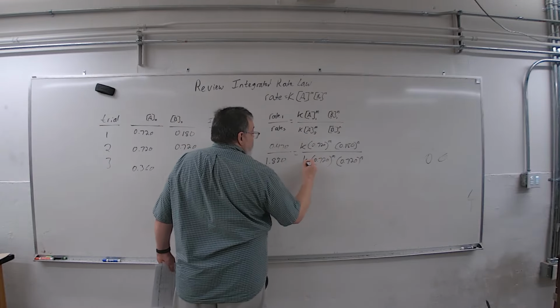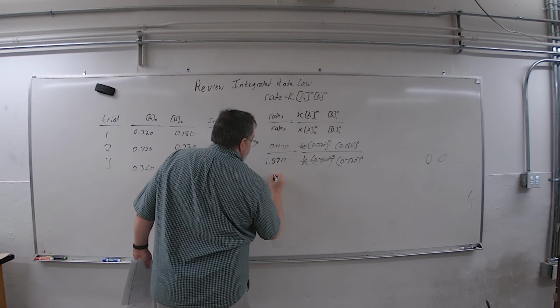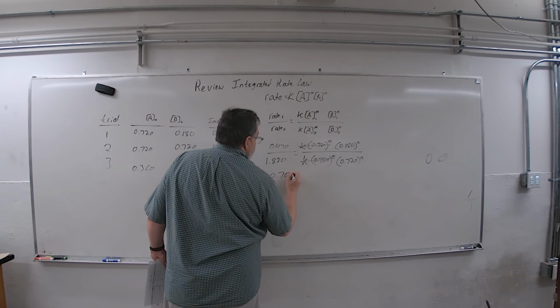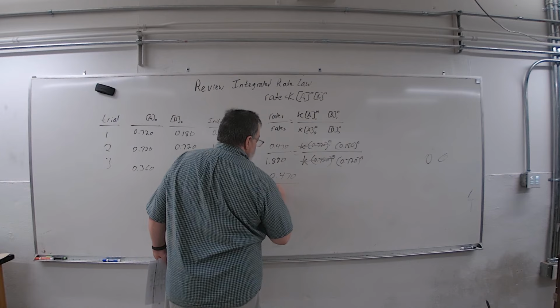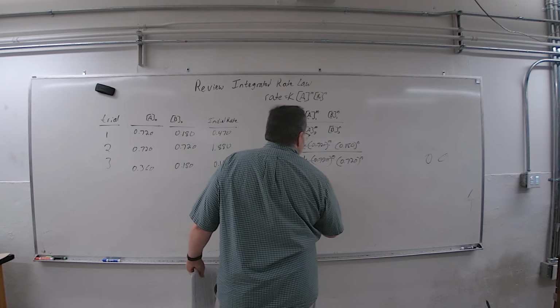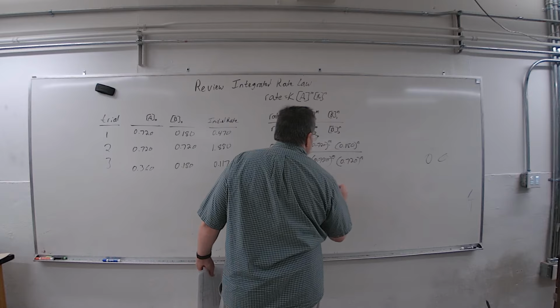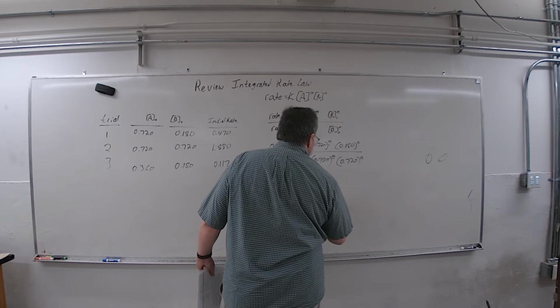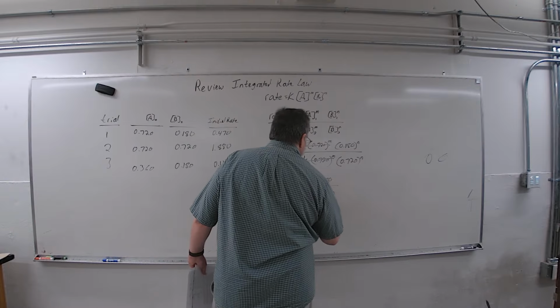So these two are obviously identical. K times this, we can take away. 0.470. Actually, we're going to do that.